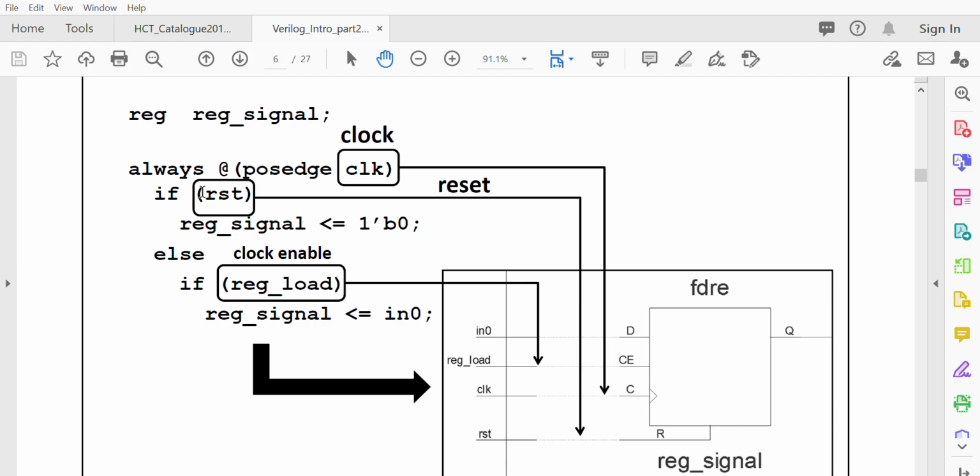Here, if RST, then the register signal receives 1'b0. So this is a synchronous reset, because reset is not part of the sensitivity list. So reset is a synchronous signal. Else, register load is a clock enable, or modification enable, or load enable, so the register signal receives the input.